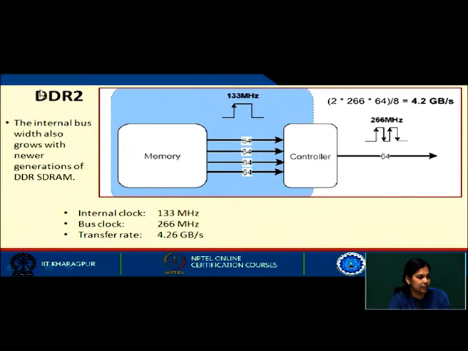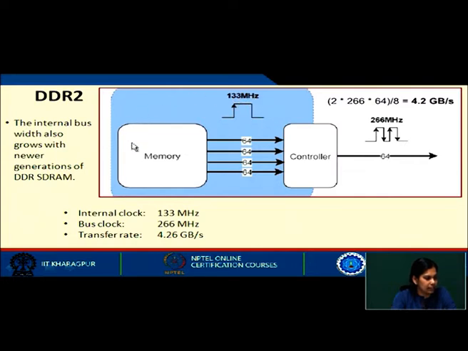Now, let us see what is DDR2. We see that this is our memory, and internally there is a 64 bit data bus. So, the internal bus width also grows with the newer generation of DDR RAM. The clock speed is 133 megahertz.